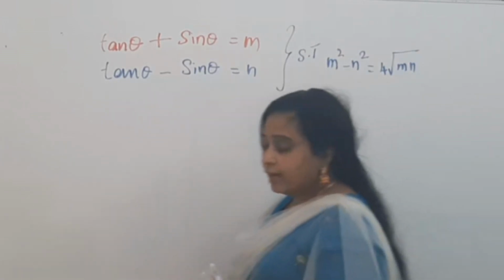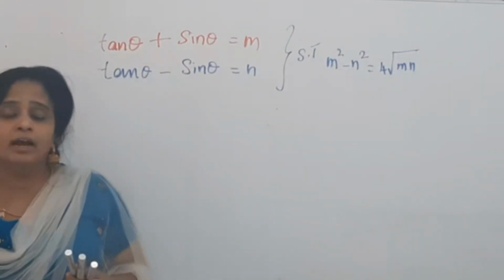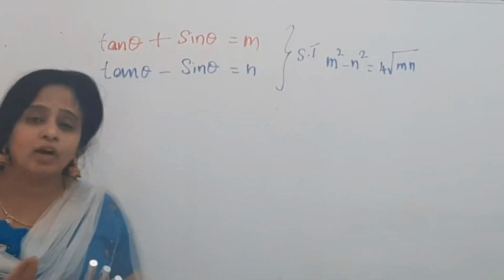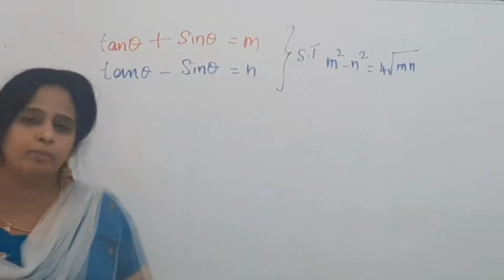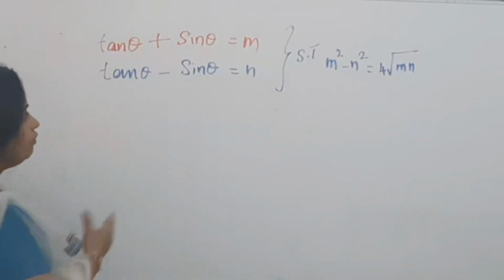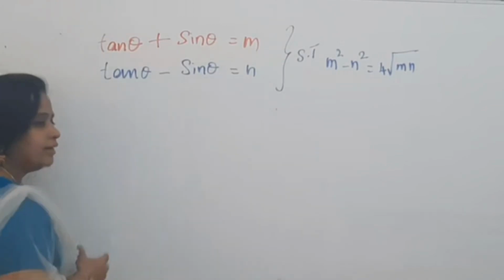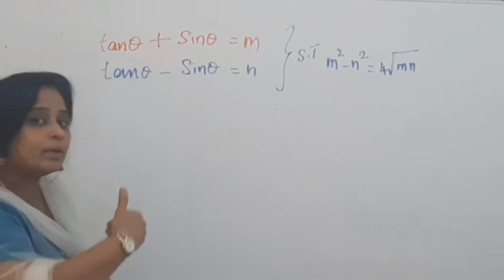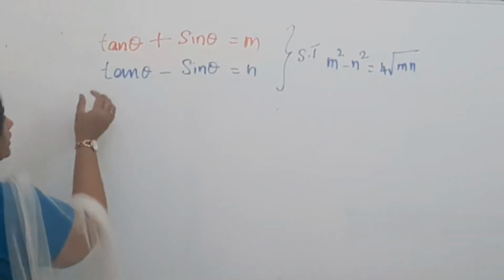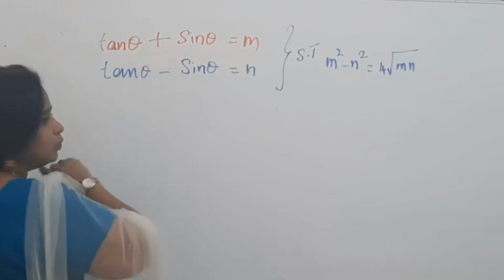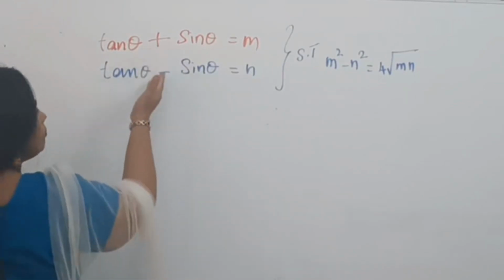Now children, writing the question properly in your answer sheet is very, very important in math. So always they will give you the question in a straight line, but you write it stepwise. So now you will understand the difference between these two equations is nothing but a plus or minus.